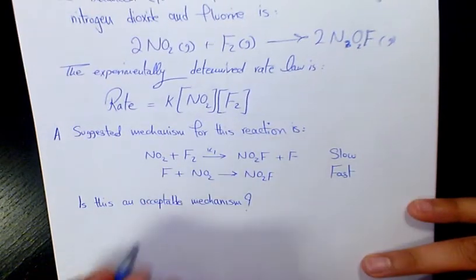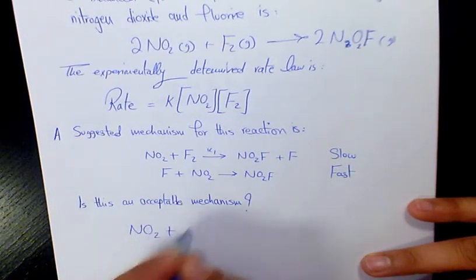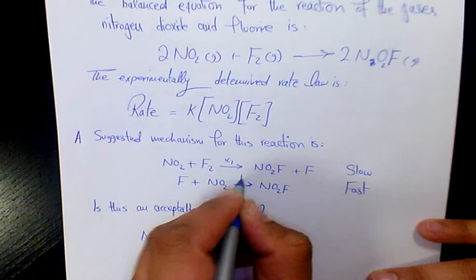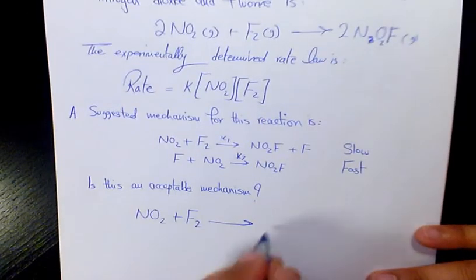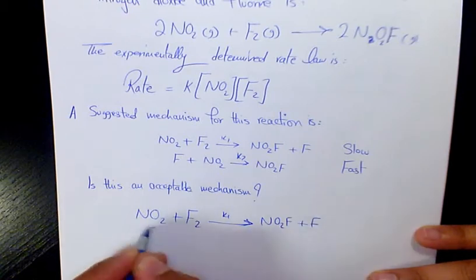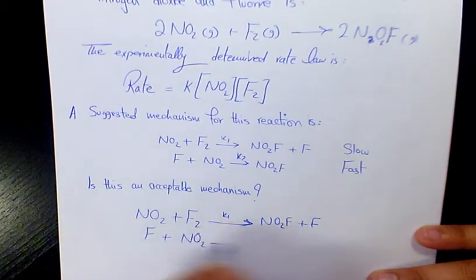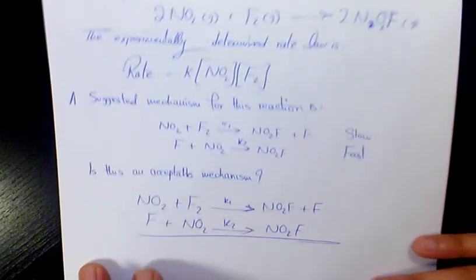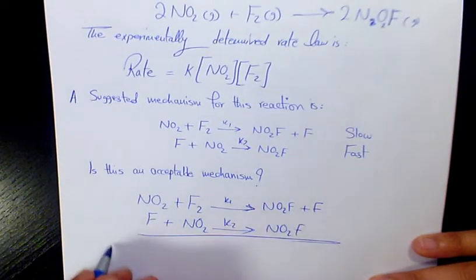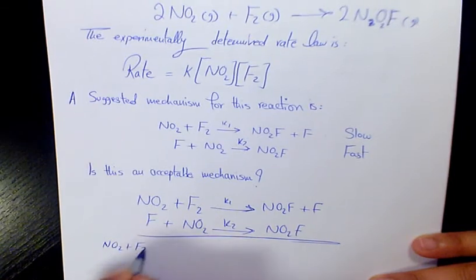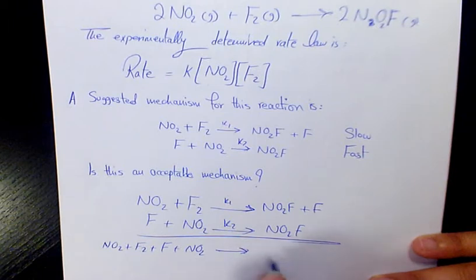So first of all, we need to add these 2 elementary reactions to see if we get the overall one or not. That's going to be NO2 plus F2 plus F plus NO2 giving me NO2F plus F plus NO2F.